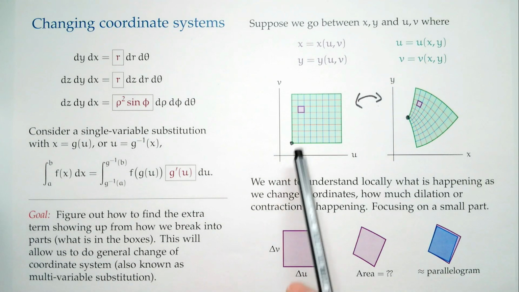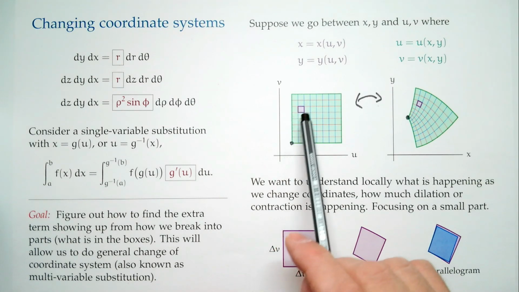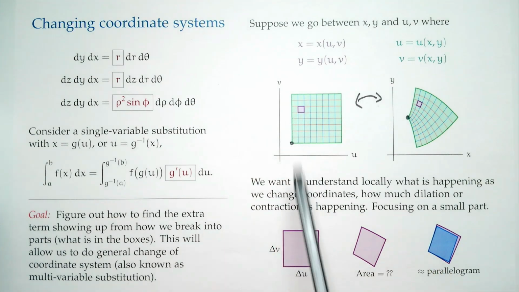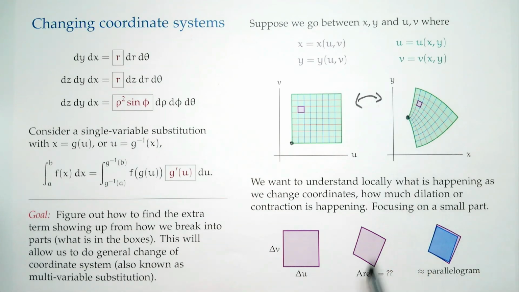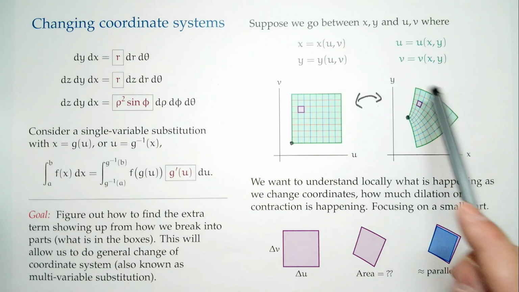So let's suppose we take a really small piece. There's that little small piece there. It's really easy to understand. It's a rectangle. That corresponds to something over here. It's a little bit warped shape, but when I look at a small piece, it's not quite so curved.